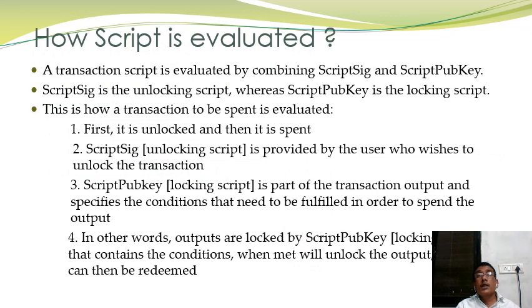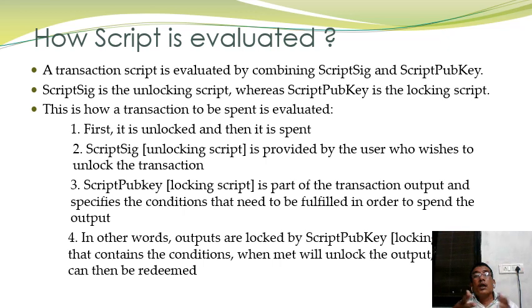So how is the script evaluated? This is nothing but how the transactions are done with the scripting language, which we have studied in detail in the previous session. In some books, they don't use terminologies like locking script and unlocking script. They use different terminologies.